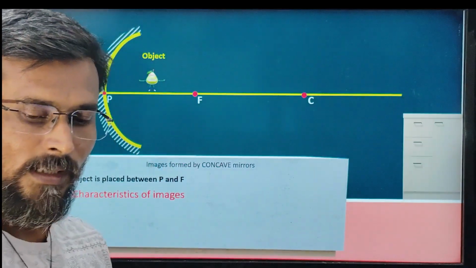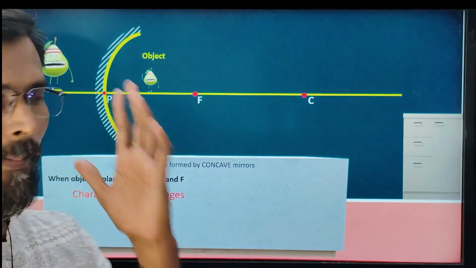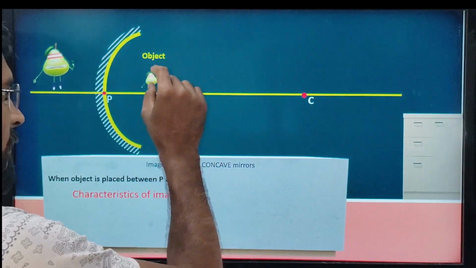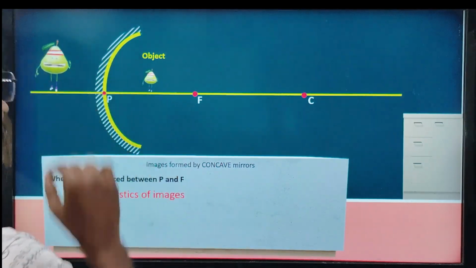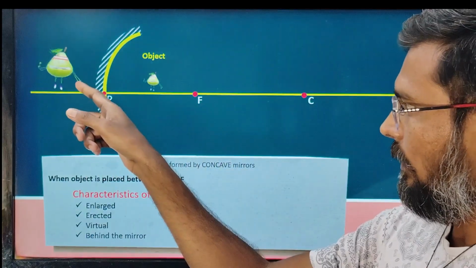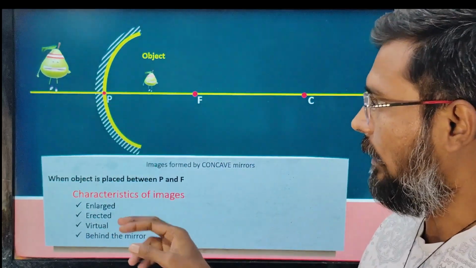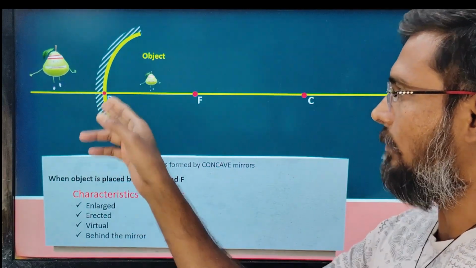Let us now discuss the characteristics of images formed by concave mirrors. Here you can see we have a dance master dancing nicely, and he is in between P and F, and this is the image of this particular object. Now we are going to talk about the characteristics of this image. This image is enlarged, meaning bigger than the object, and it is erect, meaning not inverted, and this image is virtual because it is behind the mirror.